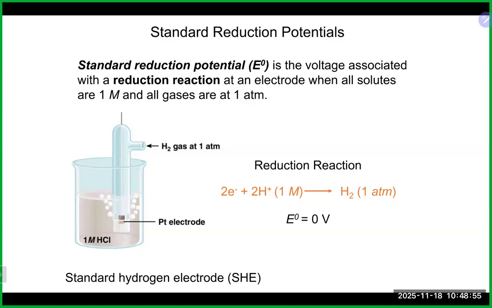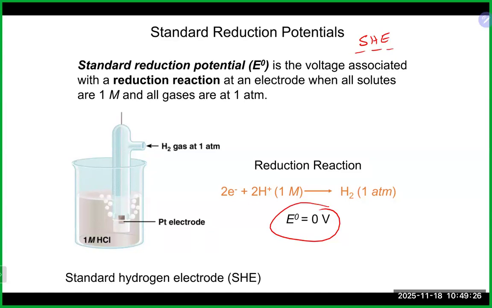Usually when we want values to use, they sometimes will call something a standard and compare everybody else to it. So for SRPs, they use the hydrogen electrode as the standard, and they sometimes refer to that as the SHE, for the standard hydrogen electrode. They basically gave it an arbitrary value of 0 volts. So they assigned it 0 volts as the standard.